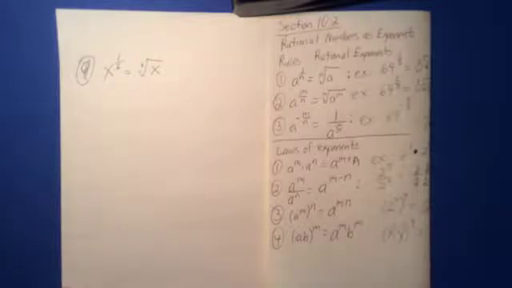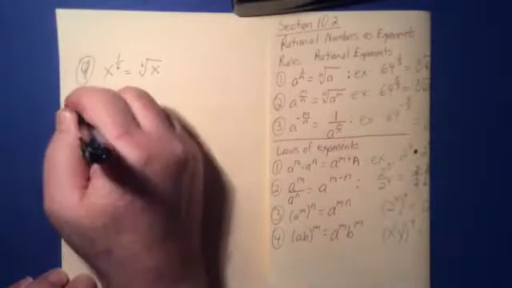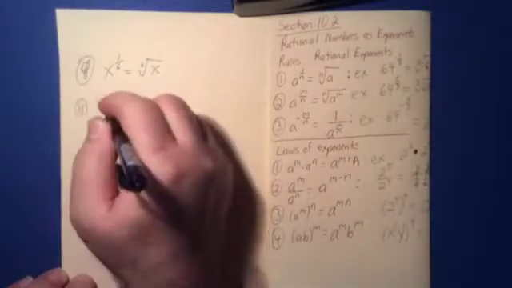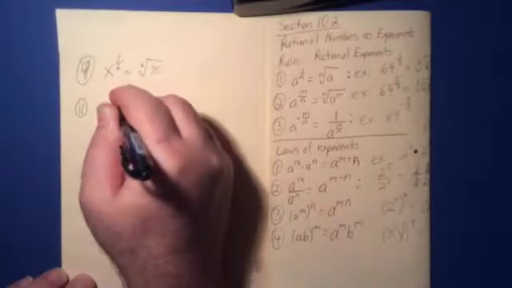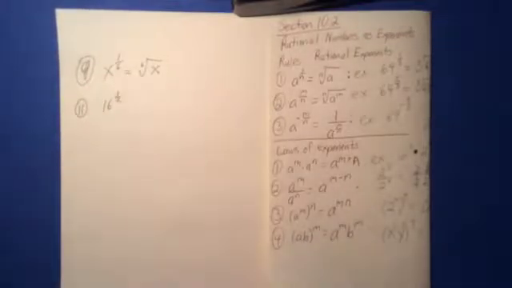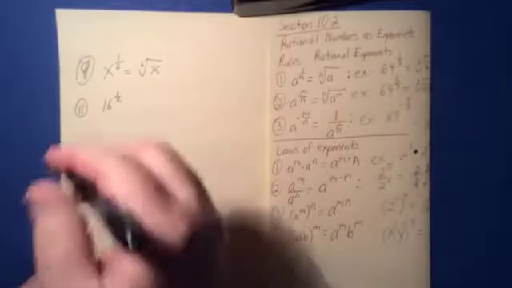So we're going to go ahead and write that there. Then they're asking us also if we can go ahead and simplify it, if we could do so. So let's take a look at another such problem here. Going to number 11. I'm given 16 to the 1/2.